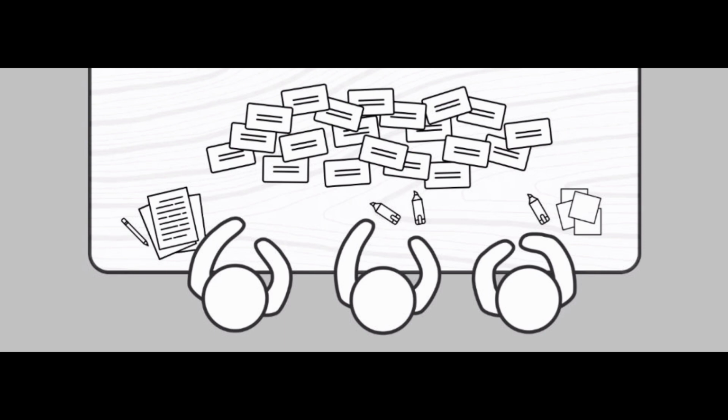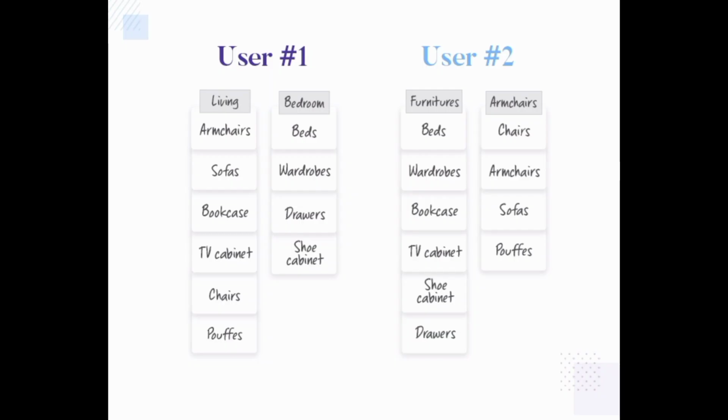They write a different topic on each card, shuffle the cards into random order, and then ask the users to sort them into piles. The aim of card sorting is to get users to group information in a way that makes sense to them, thus showing how you might organize your website or app for maximum user friendliness.